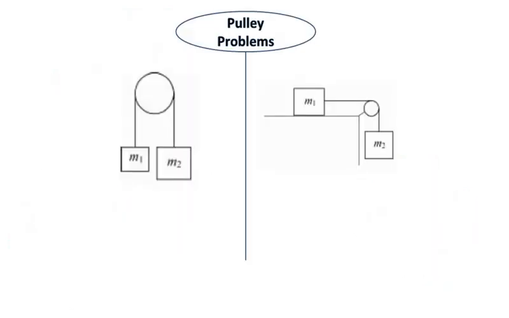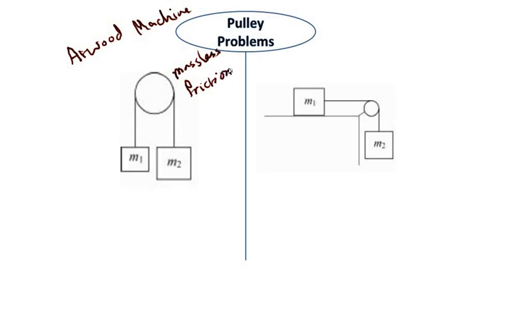Pulley problems. We have 2 main configurations on the SAT test. The first one is the Atwood machine. Actually, it is called Atwood machine because Atwood used it to find the acceleration of some objects. When we have 2 masses sliding over a pulley, we assume that the pulley is massless and frictionless.